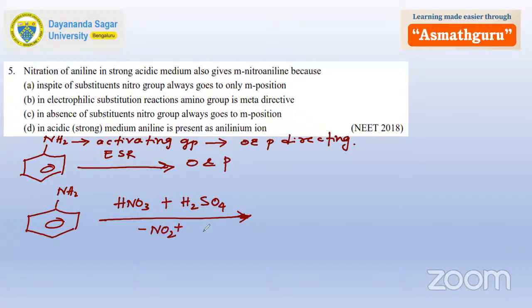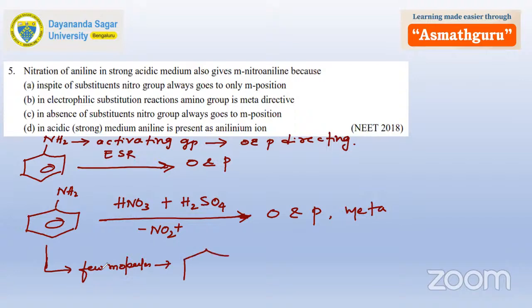Electrophile is NO2 plus. You are supposed to get ortho and para, but he says you get meta also. Why? Then you have to say some of the aniline, means few molecules, what will happen? They undergo protonation because HNO3 is acid.